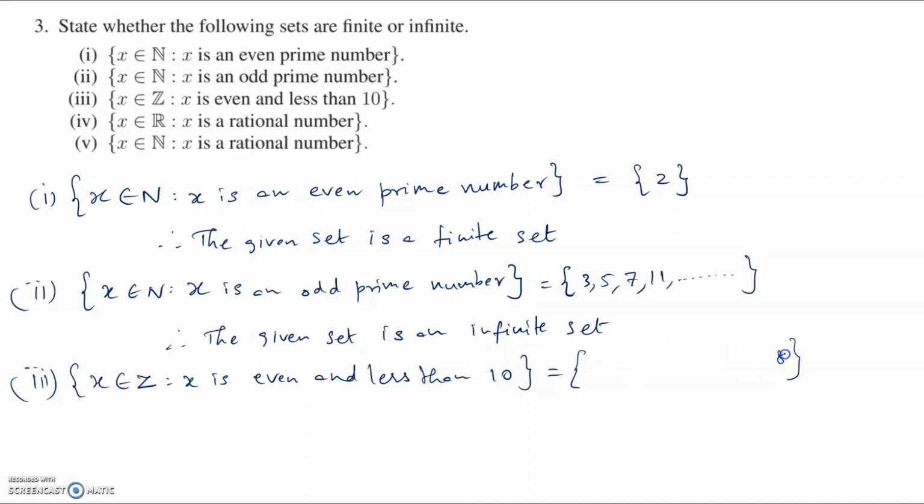So you have 8, 6, 4, 2, 0, -2, -4, and this goes on up to minus infinity. Therefore, the given set is an infinite set.